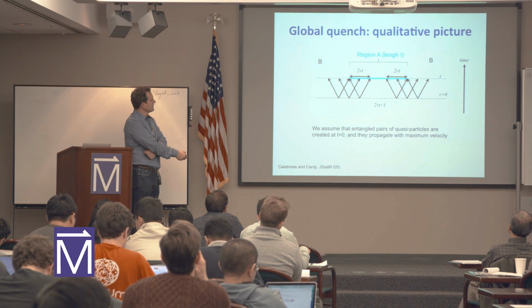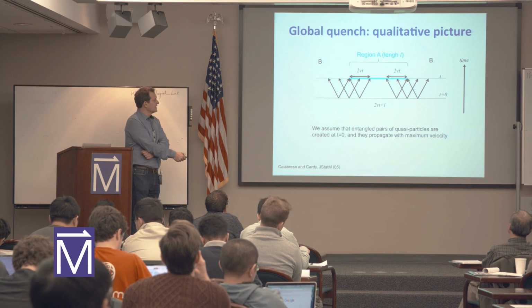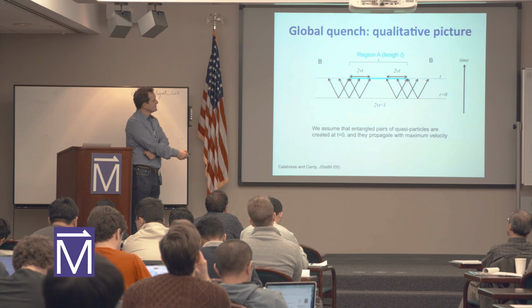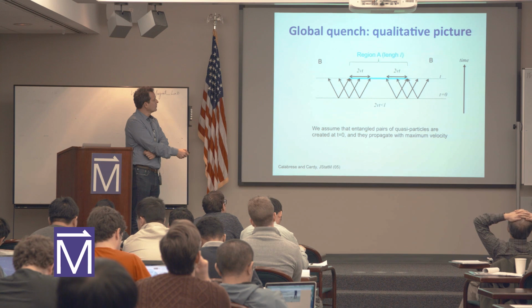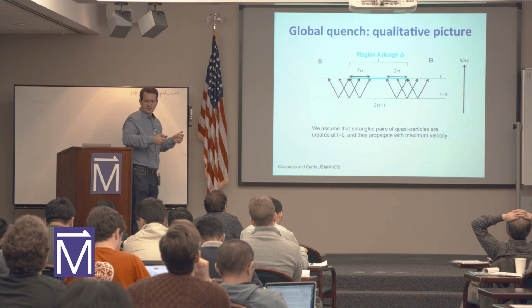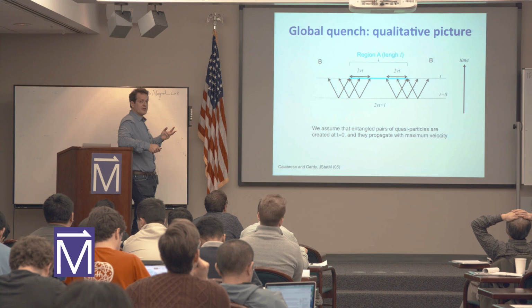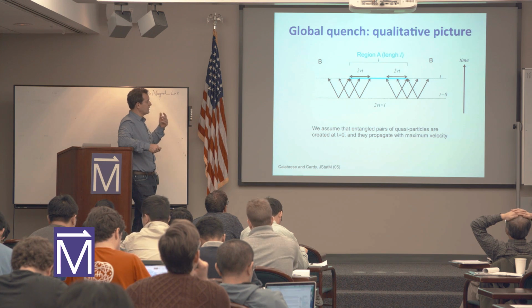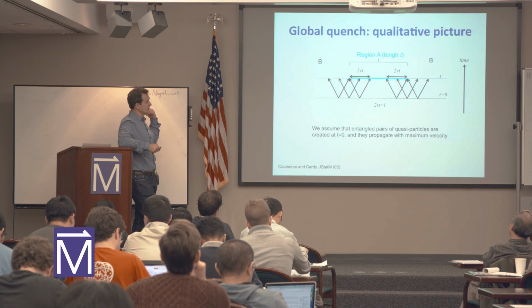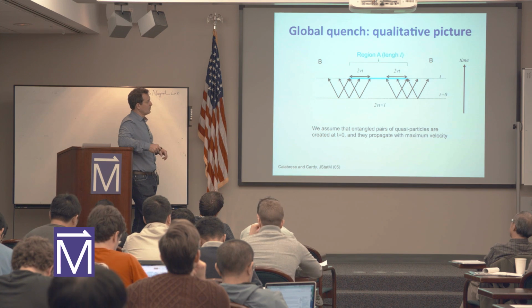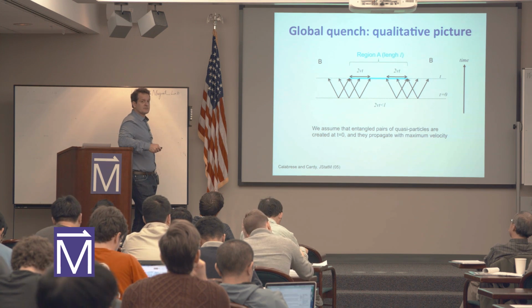And the behavior can be explained as follows. Imagine you take a region in the center, and you look at the entanglement between the center and the rest. What you can assume is that you're creating quasi-particle pairs inside this region. One of the quasi-particles is going to fly away from this region into the environment, while the other one is going to remain within this region.